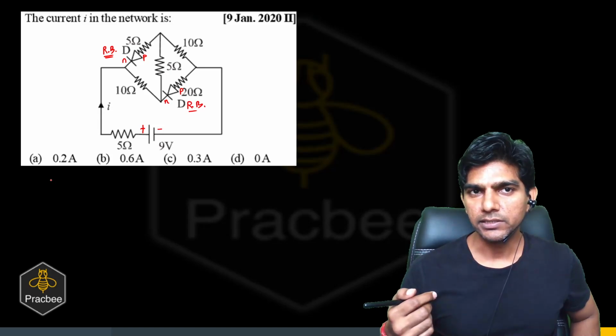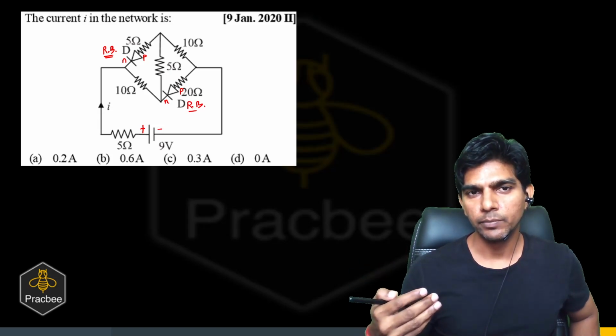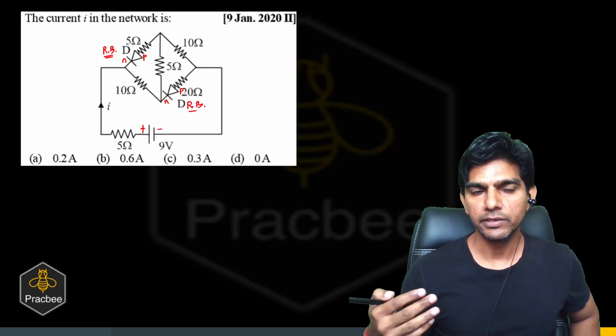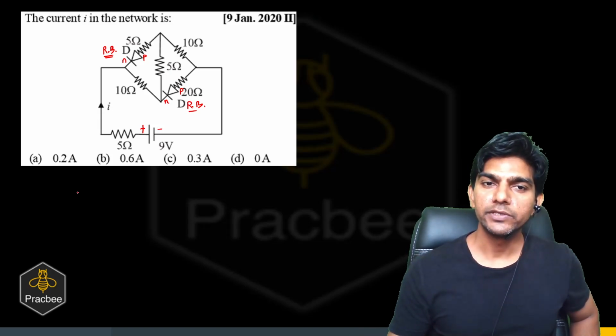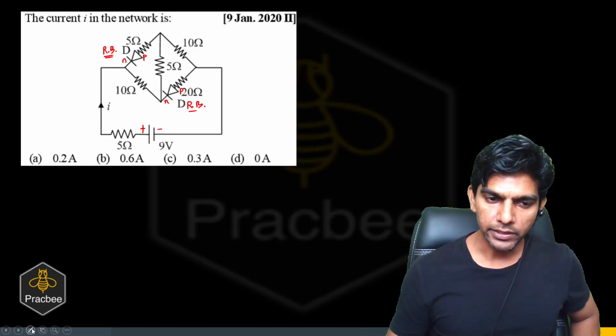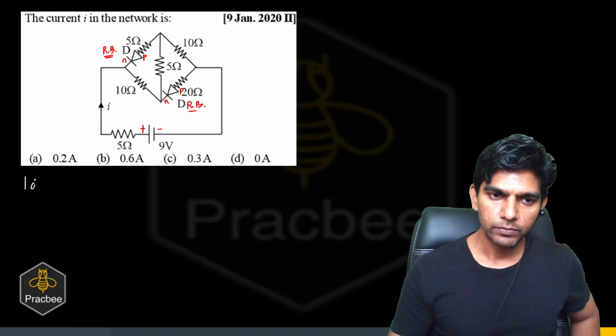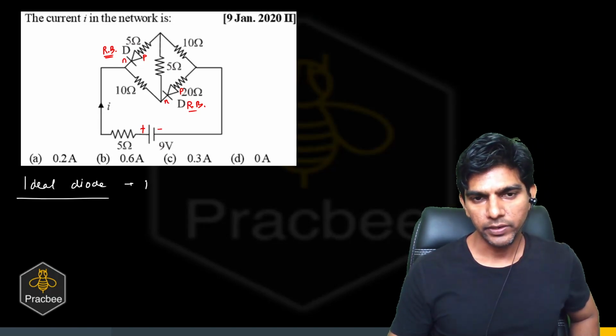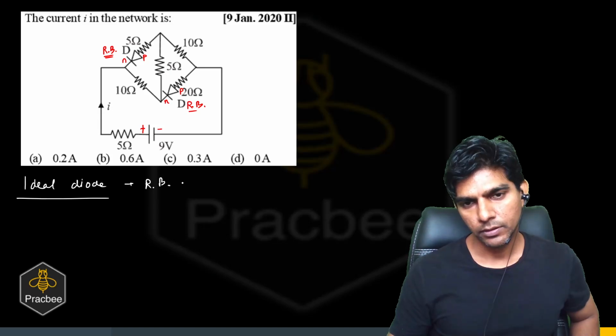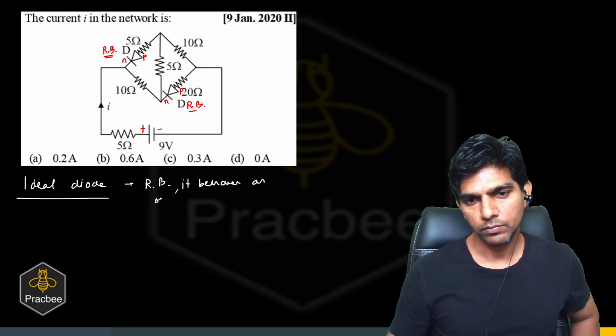When that is the case, and if nothing is given in the question about the type of diode, whether it is an ideal or real diode, you should always treat it as an ideal diode. So an ideal diode in reverse biasing behaves as an open switch.